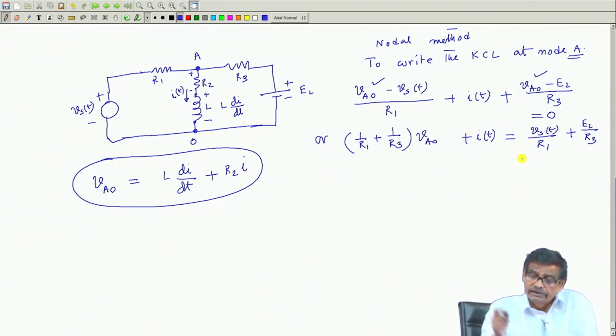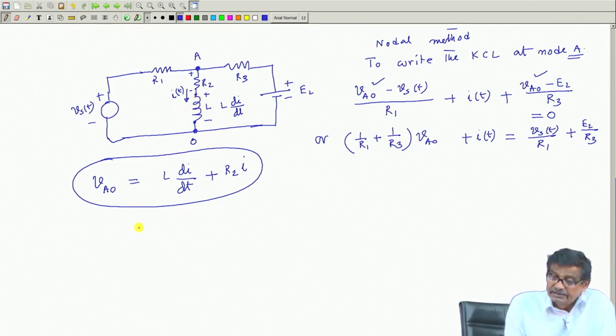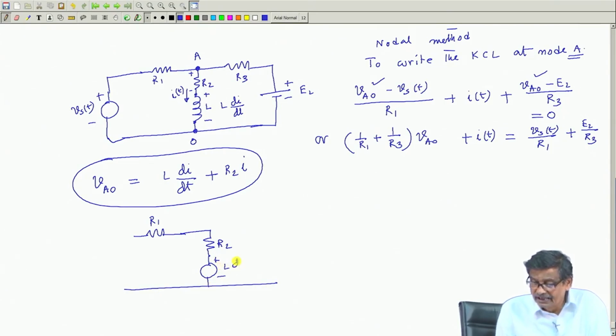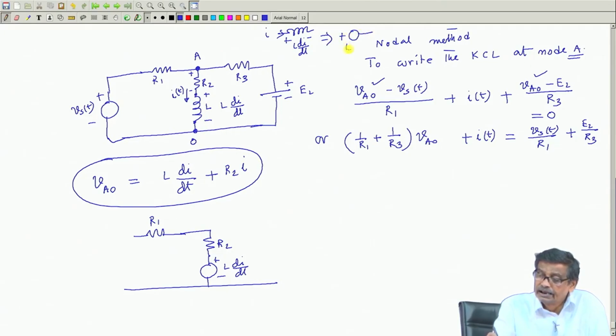For example, here once again this circuit can be drawn: R1, this is R2, no doubt this is R2, and this can be written as a source plus minus, but this source voltage is L di/dt, mind you. That is what I told you, because after all inductance is an energy storing element. So, this you can write as a source plus minus L di/dt.